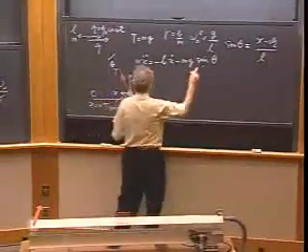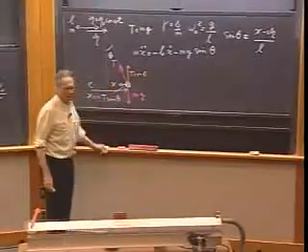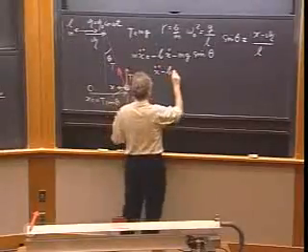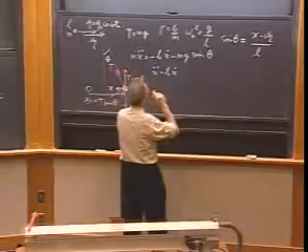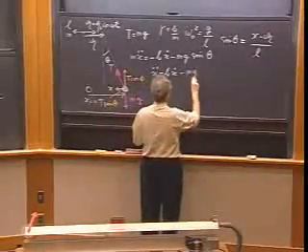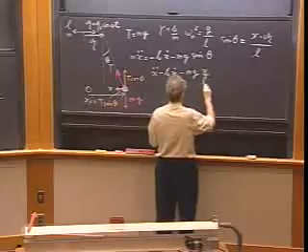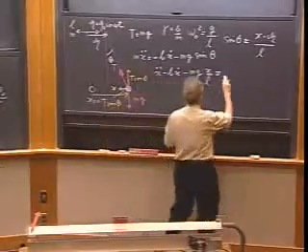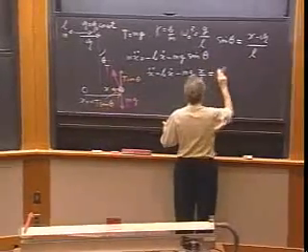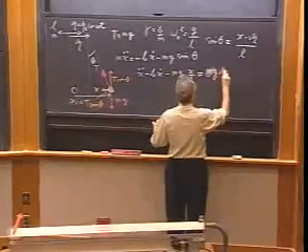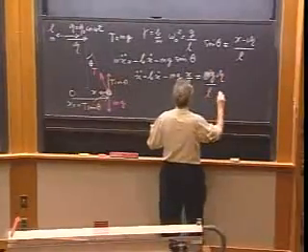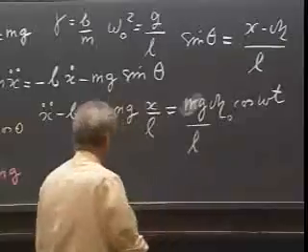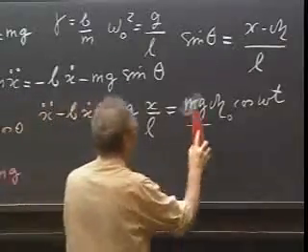And so I'm going to substitute that in here, and I'm going to divide by m. No, let's not divide by m yet. Let's just say m x double dot minus b x dot, and now we get minus mg times x over L. And now we bring Walter Lewin to the other side, and so we get plus mg times eta divided by L, and eta is eta 0 times cosine omega t, because I am moving my hand, that eta is a function of time.